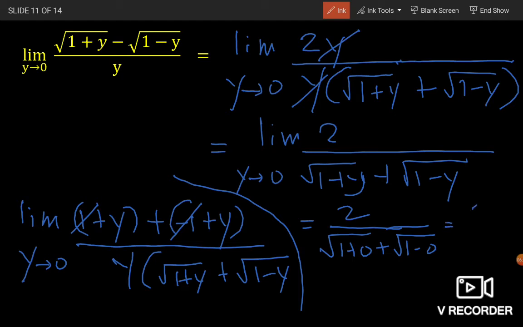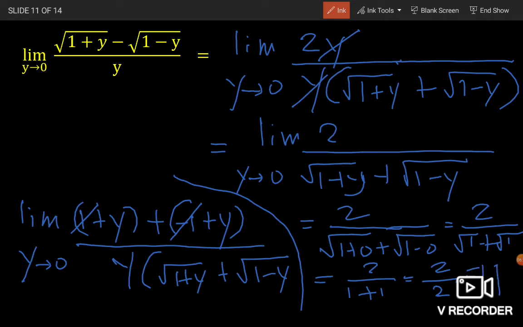This is now equal to 2 divided by square root of 1 plus square root of 1. Square root of 1 is 1. So you have 2 over 1 plus 1, which is 2 over 2, which is equal to 1. So our final answer is 1.